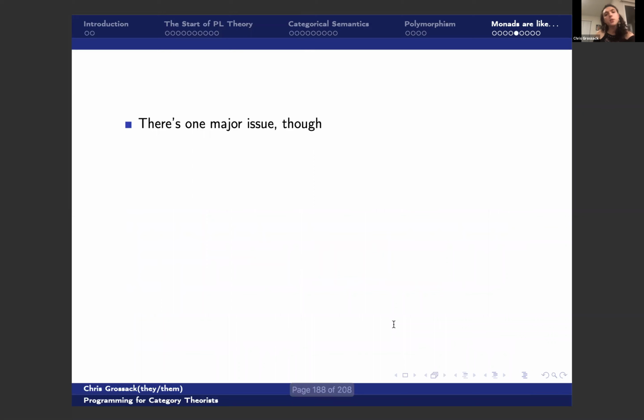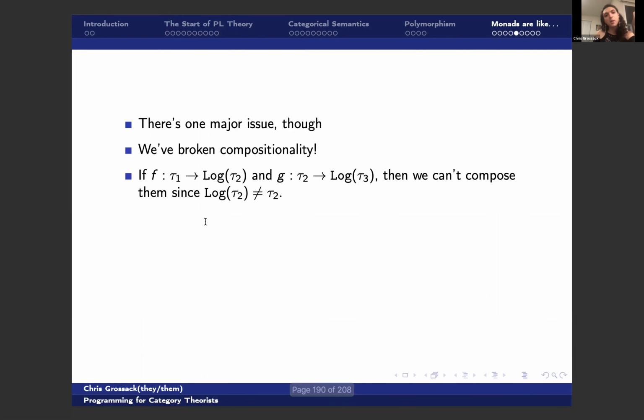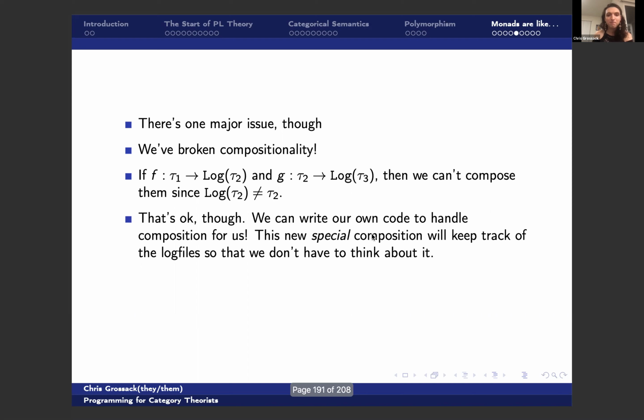So there's one major issue, and that's we've broken compositionality in doing this. Because if I have some function f from tau1 to log of tau2, and some function g from tau2 to log of tau3, I can't compose these functions anymore. I've modified each individual function in my code base, but now I can't glue my functions together to actually do the interesting non-trivial task that I wanted to, because log of tau2 is not tau2.